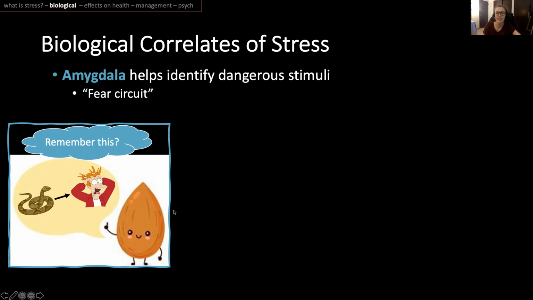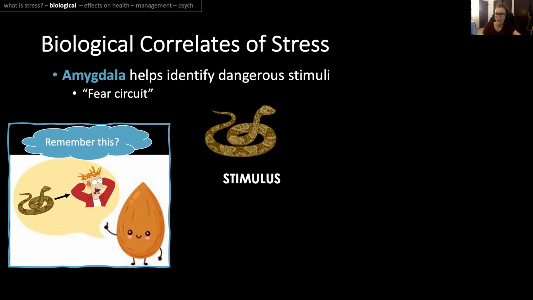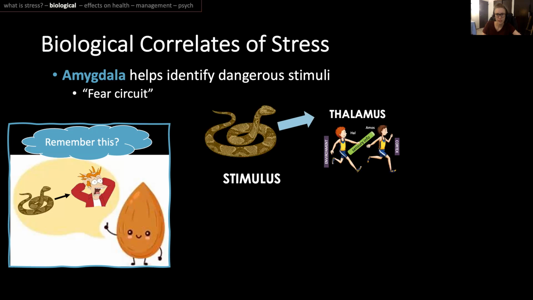So let's break down this cycle. And these are all things we've kind of talked about throughout this course. So we see a stimulus. So this, for instance, I'm using the visual example of a snake here. So what happens when we see that snake? Well, the first spot it goes is our visual pathway.